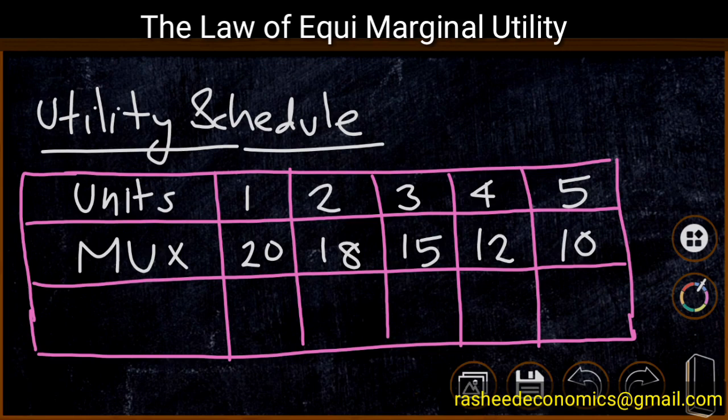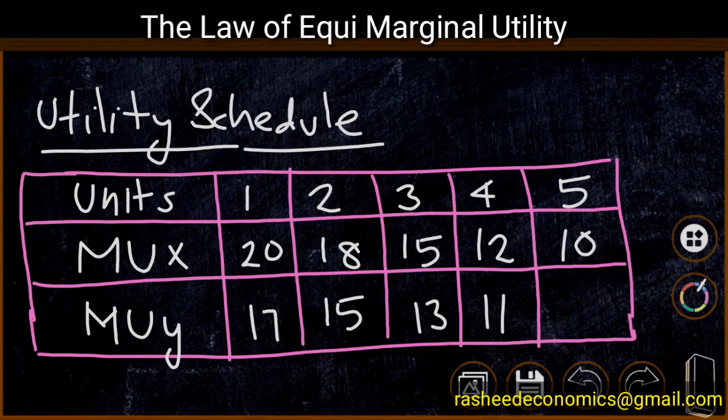In the same manner we can identify the marginal utility of Y as well. For example, MUY: from the first unit the consumer is getting 17. From the second unit he is getting 15. For the third unit he is getting 13, and so on. Ultimately the consumer is getting 80 units of utility from Y. Now we are assuming that the price of X is equal to the price of Y. Suppose the consumer is going to spend his income on these two commodities.